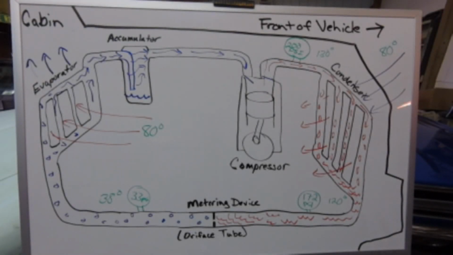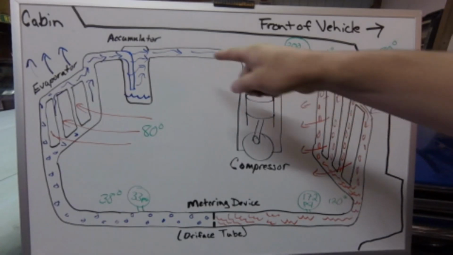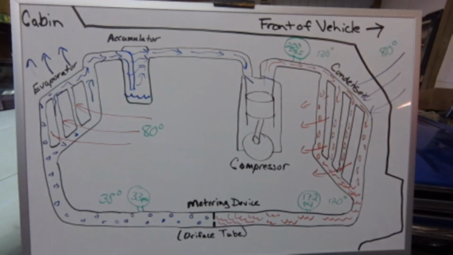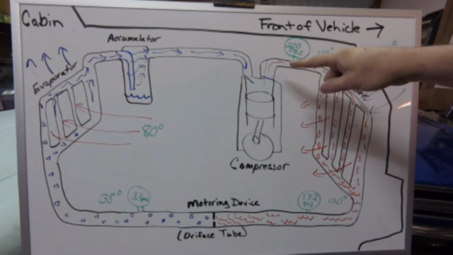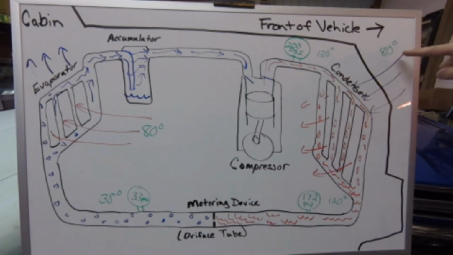The low pressure, low temperature vapor coming out of the evaporator actually has a high amount of heat energy because it pulled it out of the ambient air going into the cabin. So now when we compress it, we are skewing the boiling point above ambient temperature, so that way when the relatively cool air comes through, it condenses it back into a liquid.